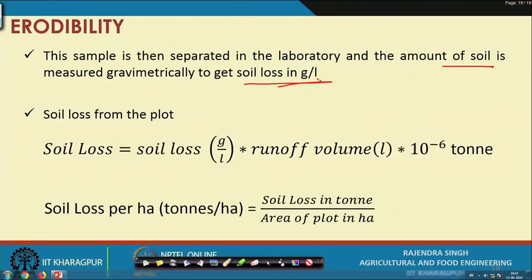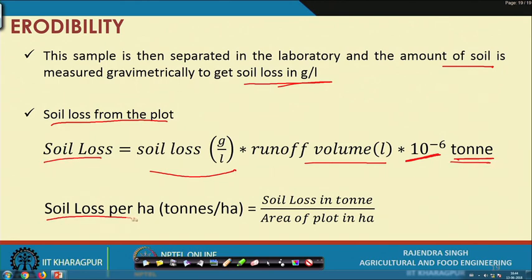That gives us the soil loss in grams per liter. Then for soil loss from the plot, we take the soil loss in grams per liter obtained in the laboratory and multiply by the total runoff volume, which we have already calculated in liters. This will give us soil loss in grams. To convert that into tons, which is the normal unit, we multiply by 10 to the power minus 6. In this way we get soil loss in tons.